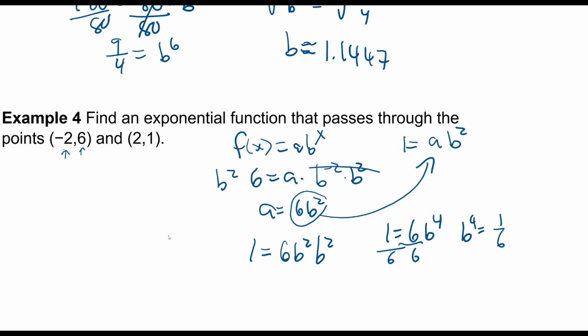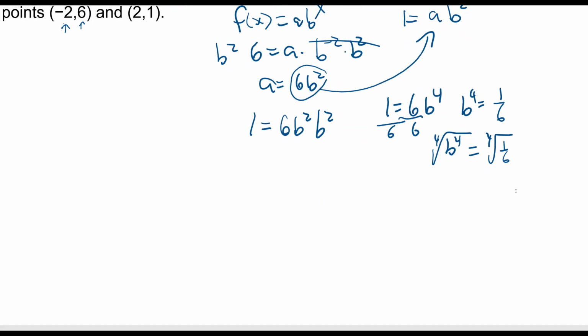Then I'll take the 4th root of b to the 4th, equals the 4th root of 1/6, and b would equal approximately 0.6389. So our function, oh, we're not done yet. We have to find a.